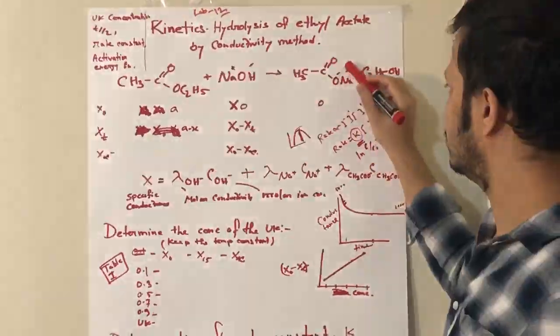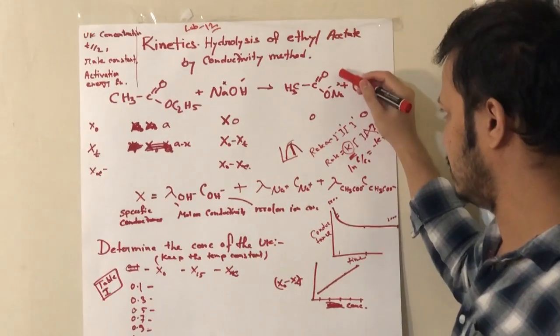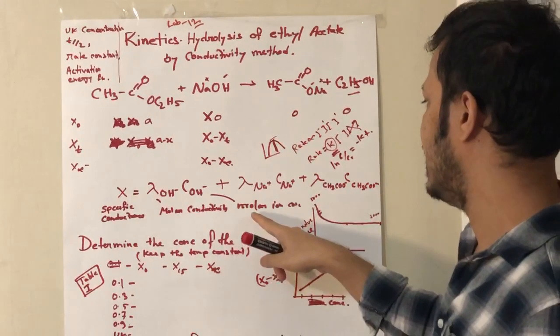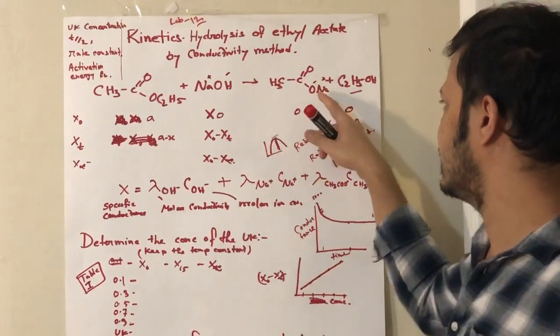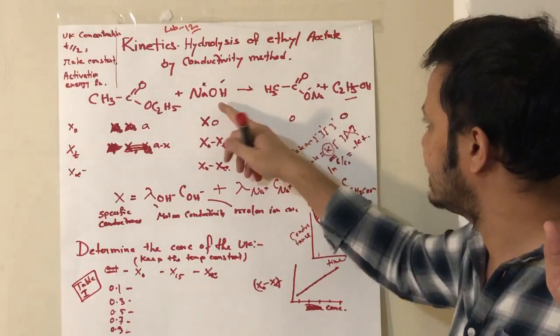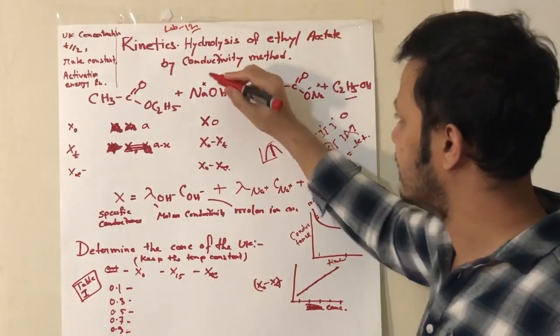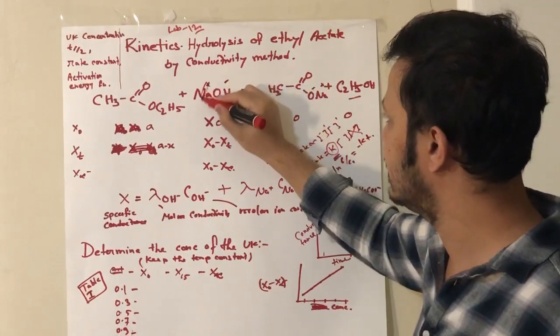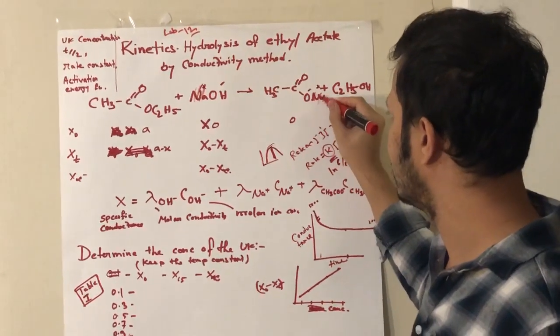Sodium acetate also depends on the molar conductivity and concentration of the acetate ion. The sodium ion is actually the same, there is no change for the sodium ion, because this sodium will go here.